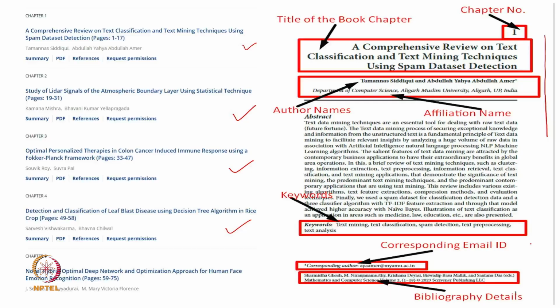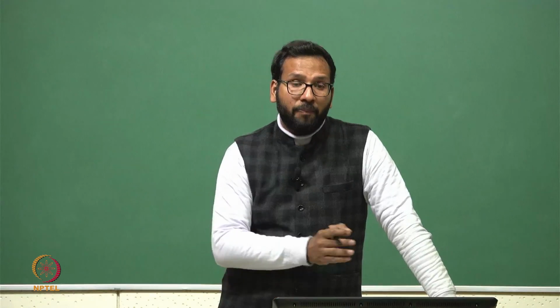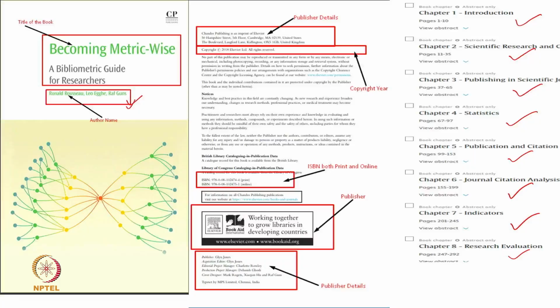In the edited book, the author names are associated with each chapter. So an edited book is edited by a group of authors, and the chapters are written by many other authors. But in the example of a book, all the chapters are written by the primary authors, only these three authors.